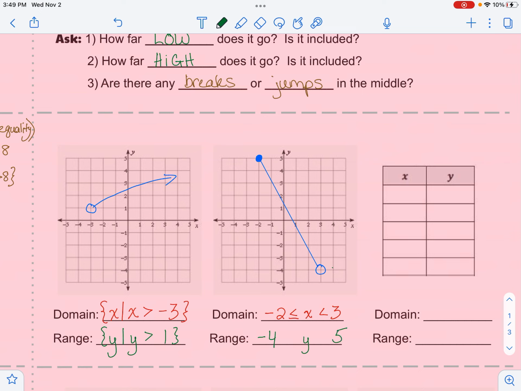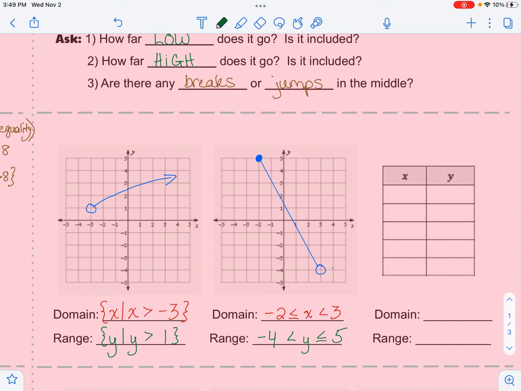Now -4, open circle, so less than, and then 5 is a closed circle, so less than or equal to. So the lowest to highest this goes, it's kind of like a section of something, is from -4 up to and including 5.